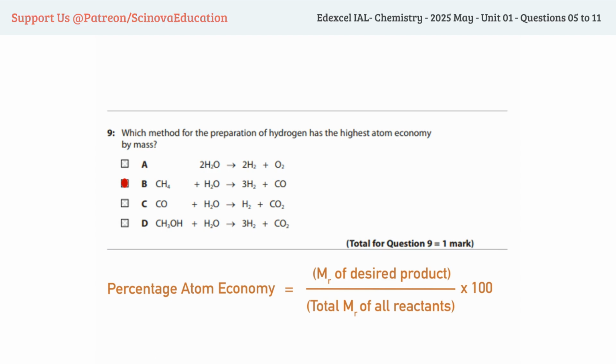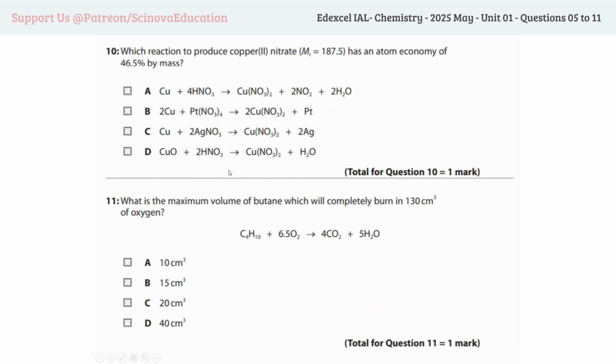If you want, you can calculate and see, but here I am concerned with how to get the answer in an easier way without doing the calculation to save time. That saved time will be useful in question 10. Which reaction to produce copper 2 nitrate, molar mass given, has an atom economy of 46.5% by mass? By just looking at this, you can't do anything.